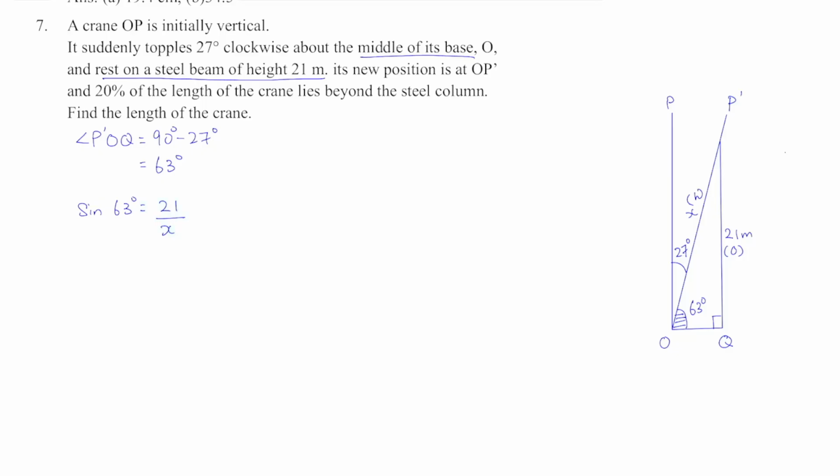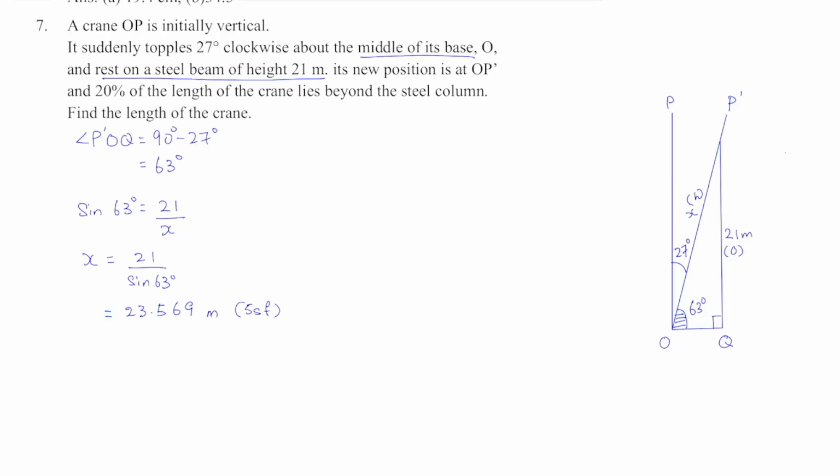Then make x the subject. So x equals 21 over sine 63 degrees equals 23.569 meters, and this would be 5 SF.